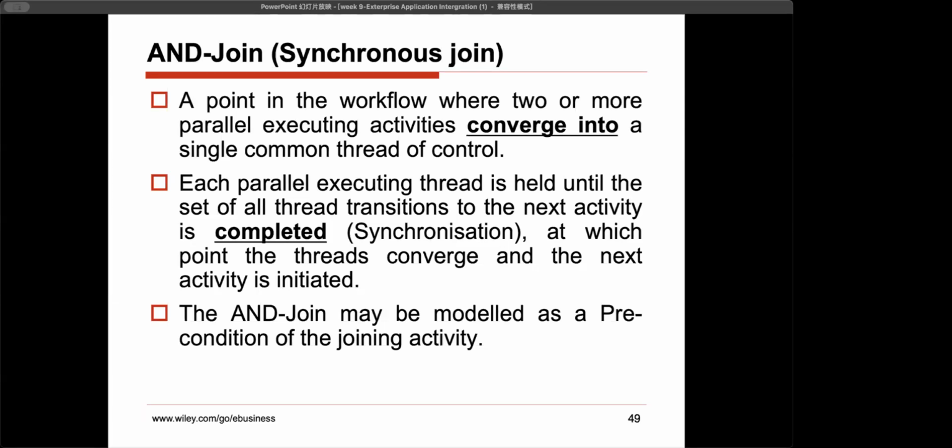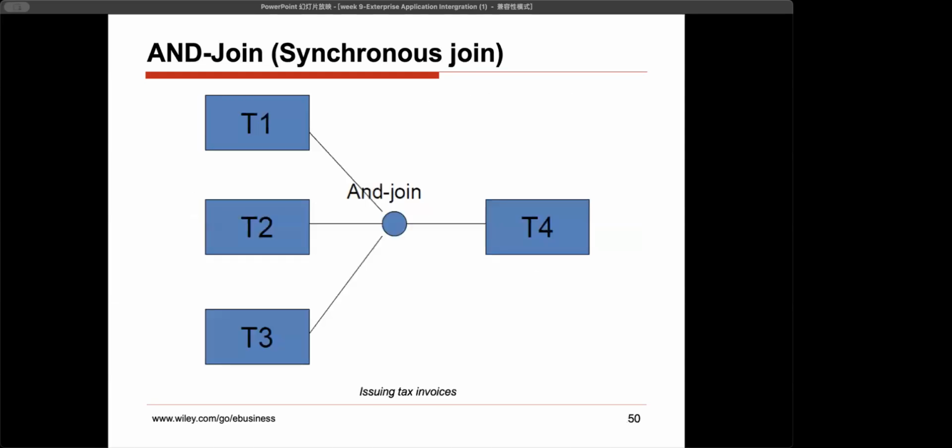Okay, and join may be modeled as a precondition of the joining activity. For example, here from T1, T2, T3, we have different workflows, and we put an and join, and after that we have the T4.